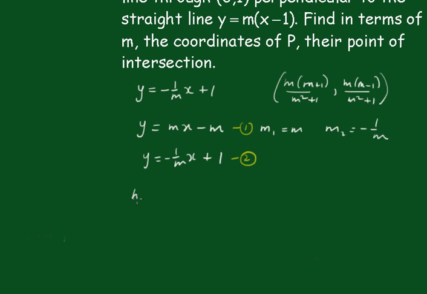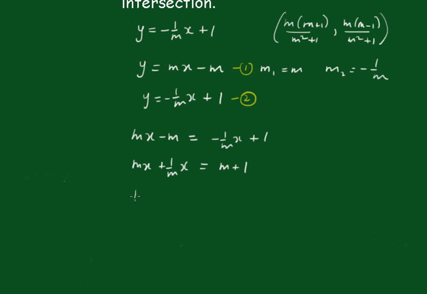So we'll have mx minus m is equal to minus 1 on m x plus 1. Now we'll take that across the other side. So we have mx plus 1 on m x is equal to m plus 1.